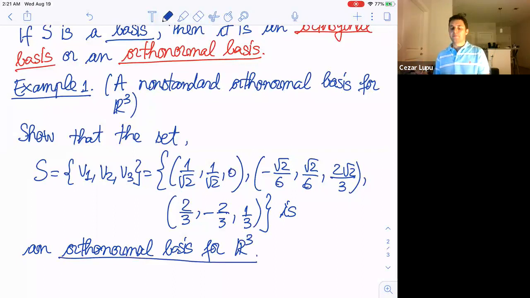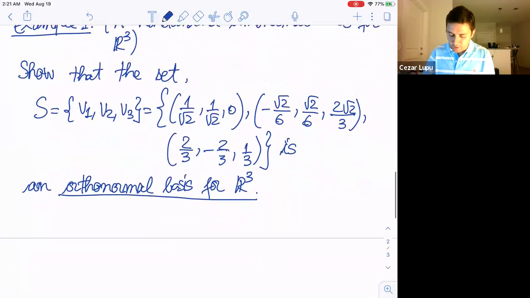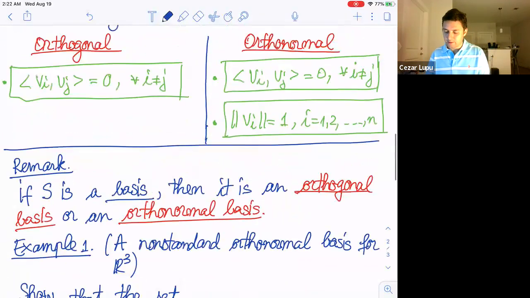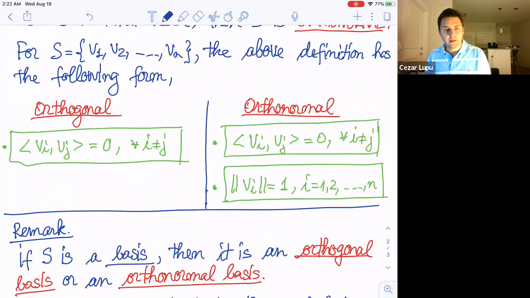This is important. Well, it's quite clear what to do. We have to show two things. Let's look back. As you can see, for orthonormal, if I want this set S of these vectors, V1, V2, V3 in our case, to be an orthonormal set, I need to show that they're mutually orthogonal, and I have to show that they're unit vectors.